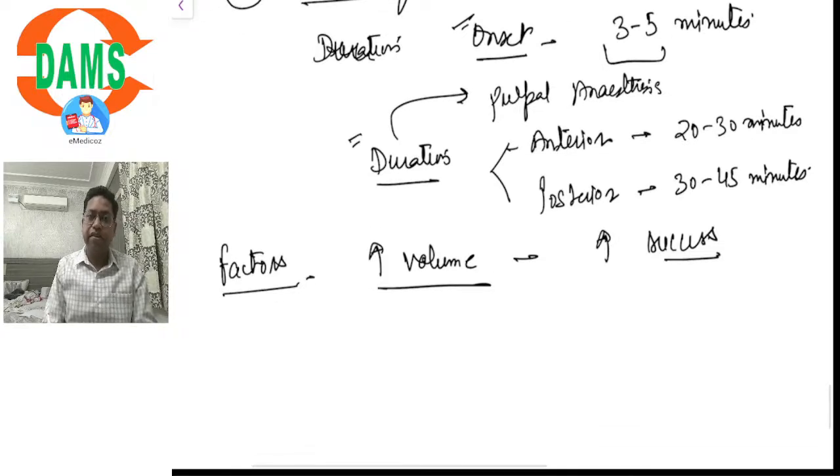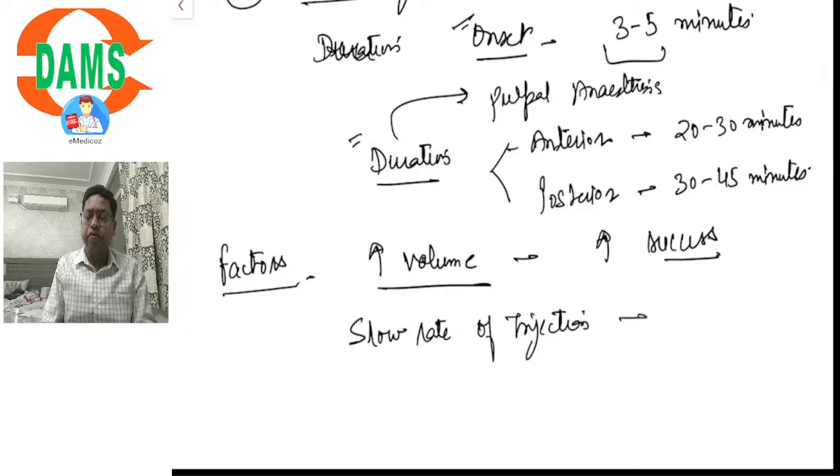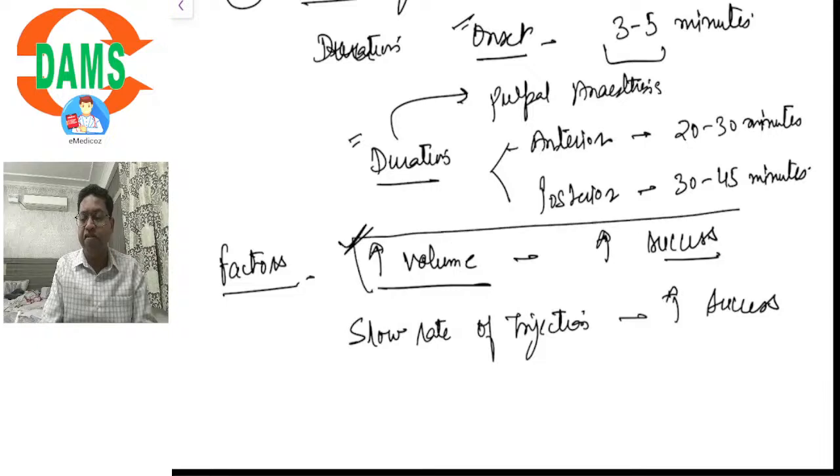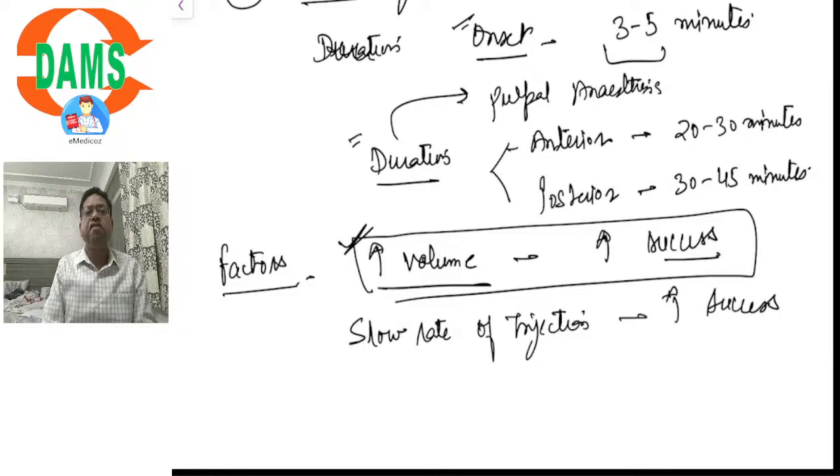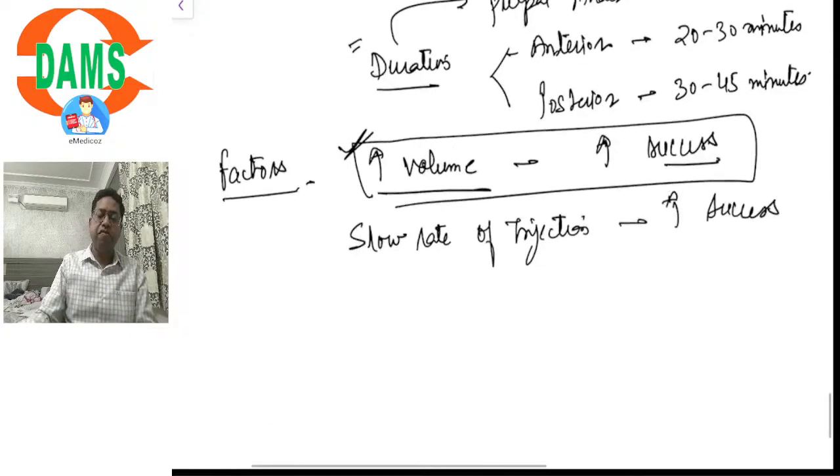Similarly, a slow rate of injection would also increase the success, like inferior alveolar nerve block. So the only significant difference is the volume, which has an effect in maxillary infiltration but no effect in mandibular inferior alveolar nerve block.